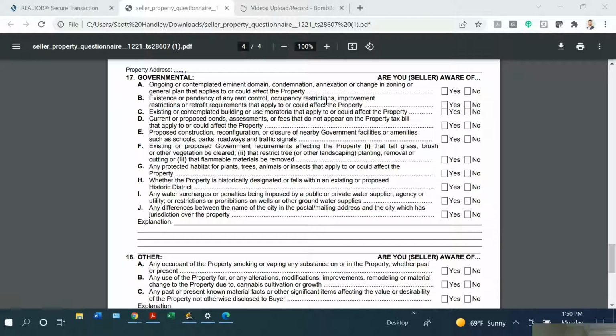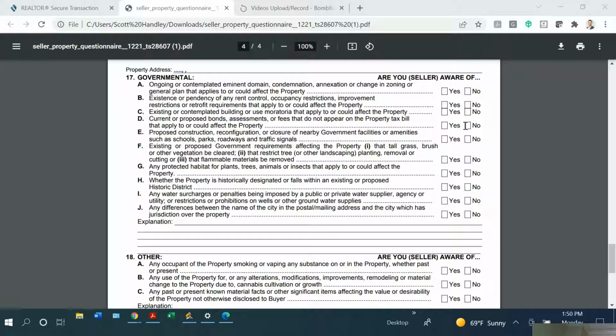I had that with a property I owned in Las Vegas. You could not rent it out. It could only be owner-occupied property, and it was a quote-unquote deed restriction, so there is no way around it.